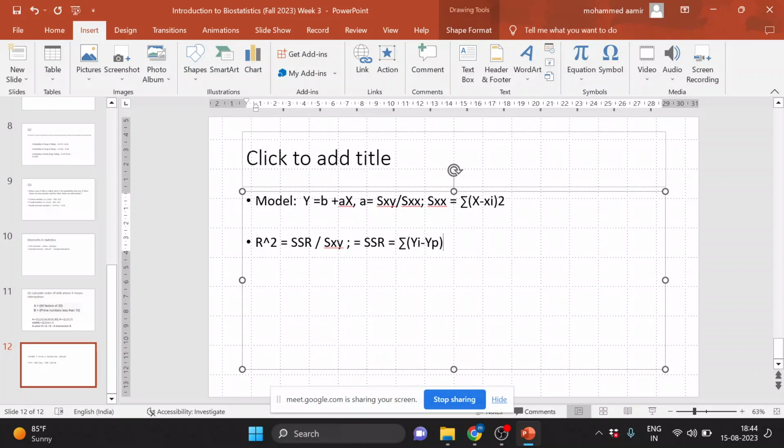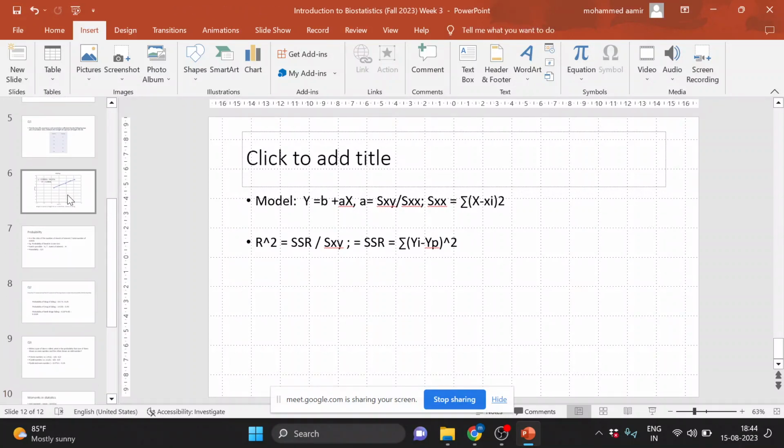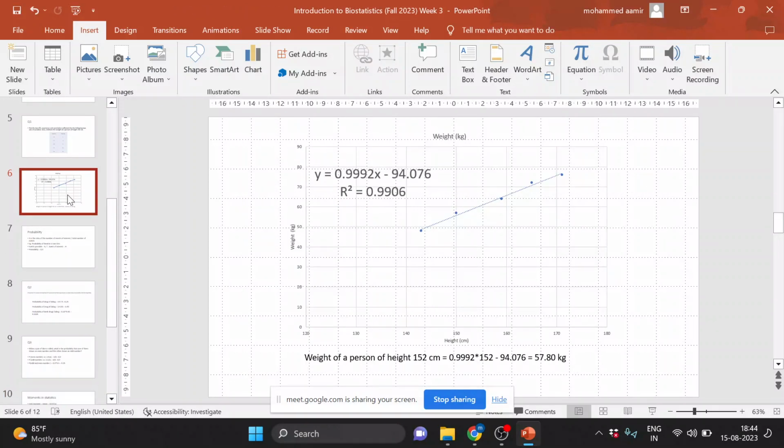So when you draw a line like this, these are your actual yi values, the points. Your y predicted lie on this line.